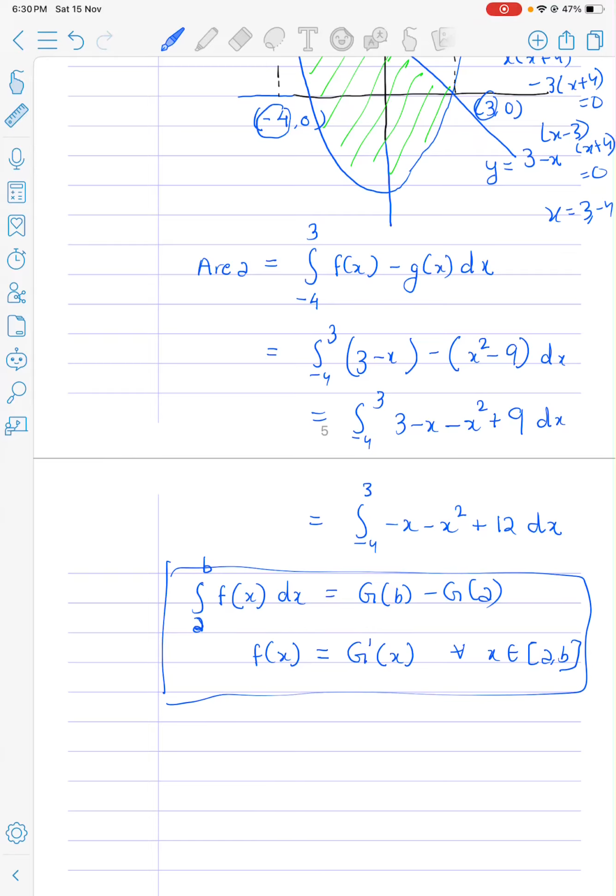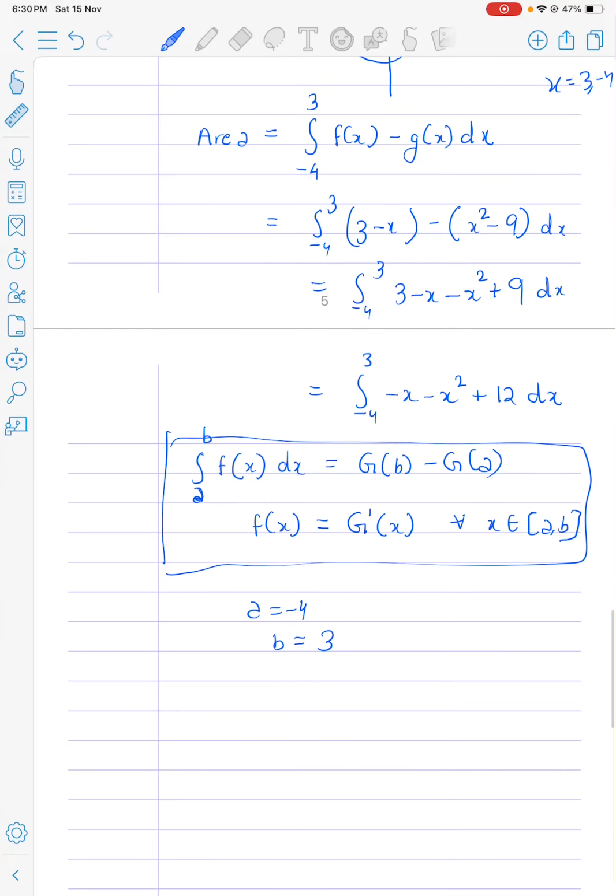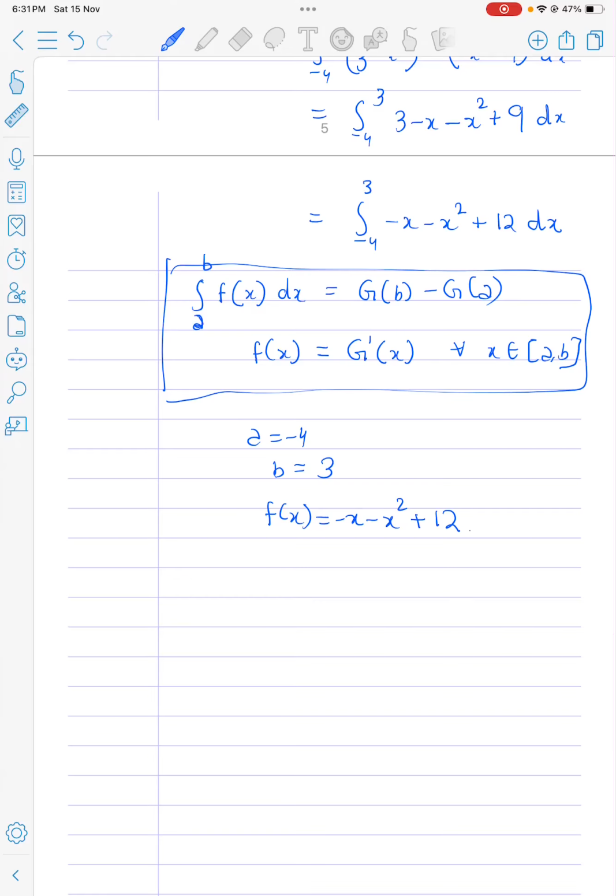This one I'm recalling: the integral of fx dx from a to b gives you gb minus ga, where g dash x equals fx for all x belonging to a, b. I'm going to use this with a equal to minus 4, b equal to 3, and fx equal to minus x square plus 12. Consider g to be this one, and you check that g dash x will be fx.